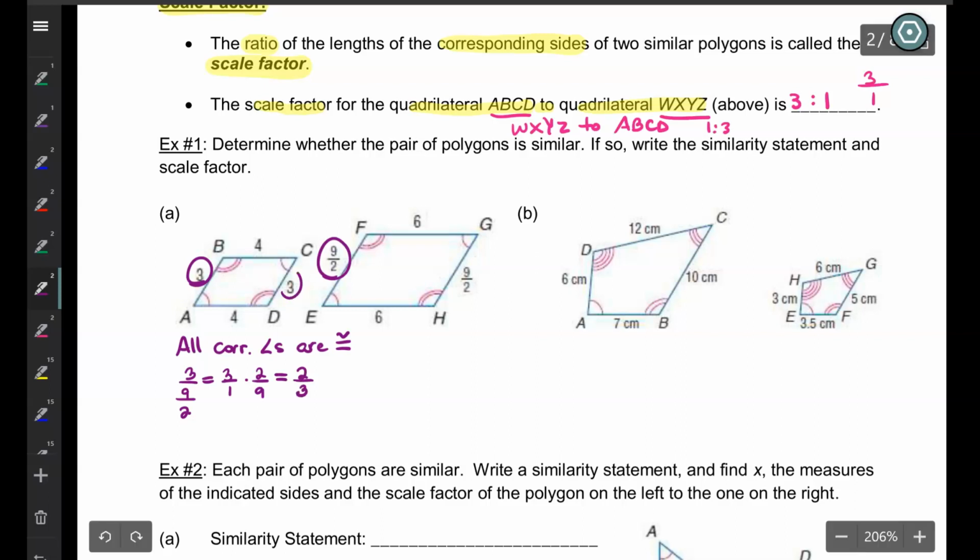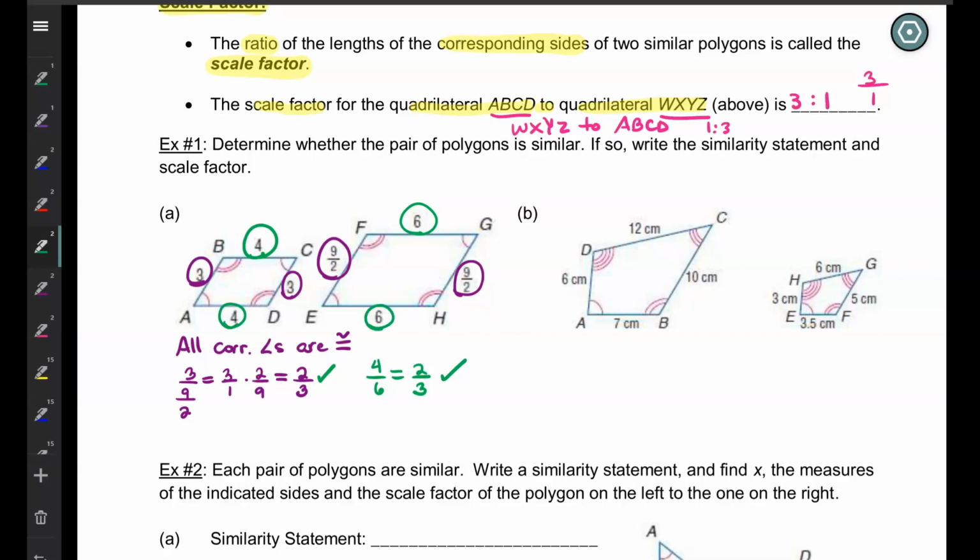Of course, we can see CD compared to GH is also the same, so we don't really need to check that. Here, let's compare BC to FG. 4/6, that's 2/3, which is exactly what we wanted. And comparing these sides is also 4/6, which is 2/3.